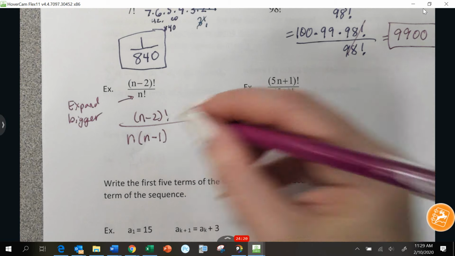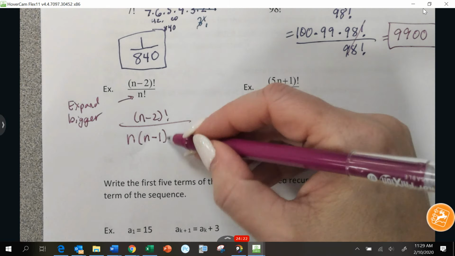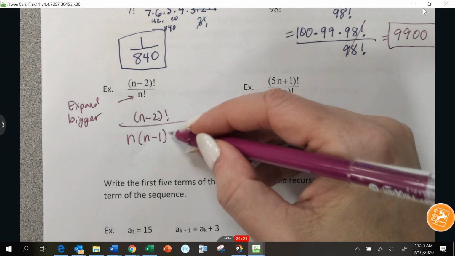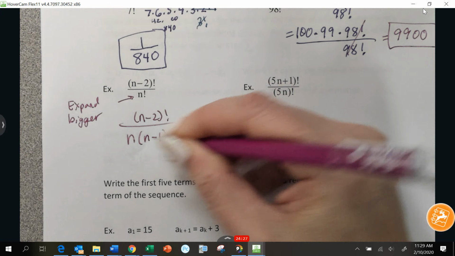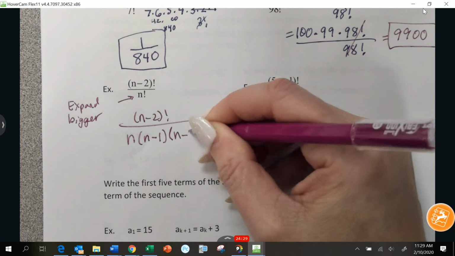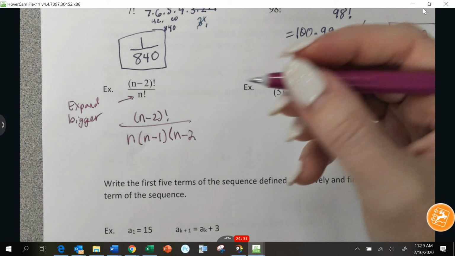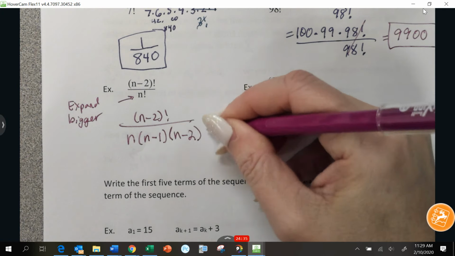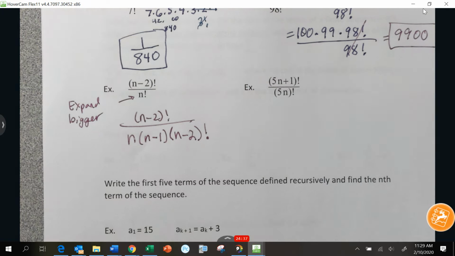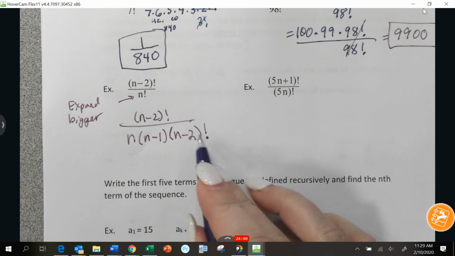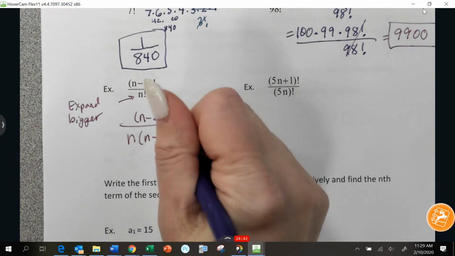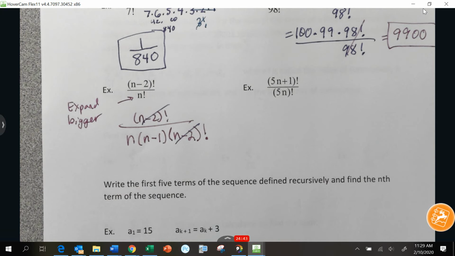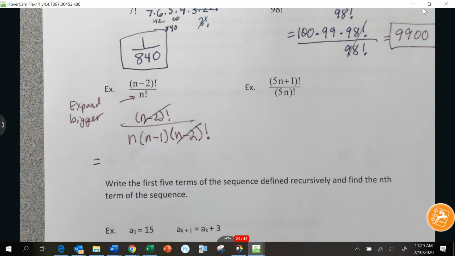So we subtract 1. That does not match yet. So then the rule says take away 2. And n minus 2 would be our next one. Do they match? So I make this the factorial. That takes care of all the rest of them. And then we can cancel those. So what do we get after we simplify?